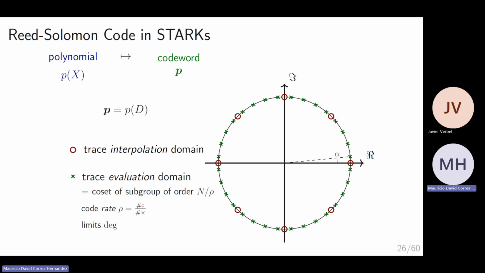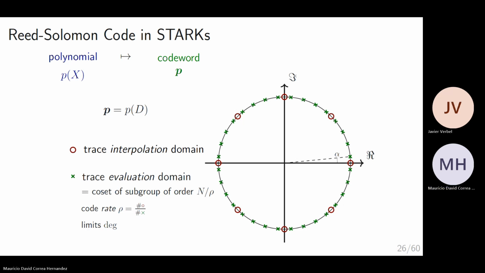Okay, so the evaluation domain has size n over rho.